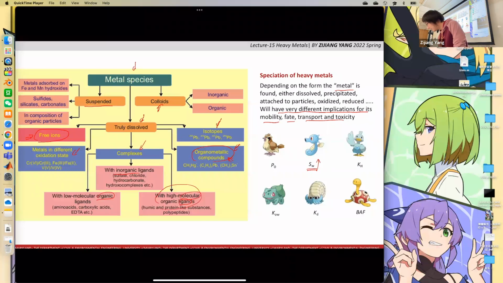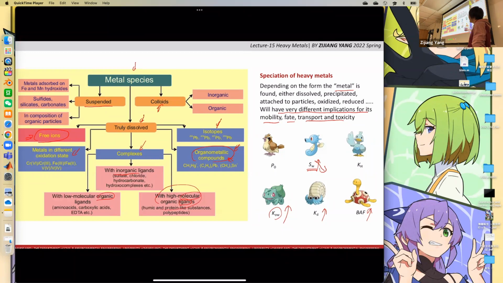In other words, the KOW may increase. So the water solubility will decrease, but the KOW will increase, and the KD will also increase. Notice that KD refers to the water and soil partitioning coefficient, and the BAF will also increase. So if the heavy metal becomes relatively organic, then it will be very bioaccumulative.